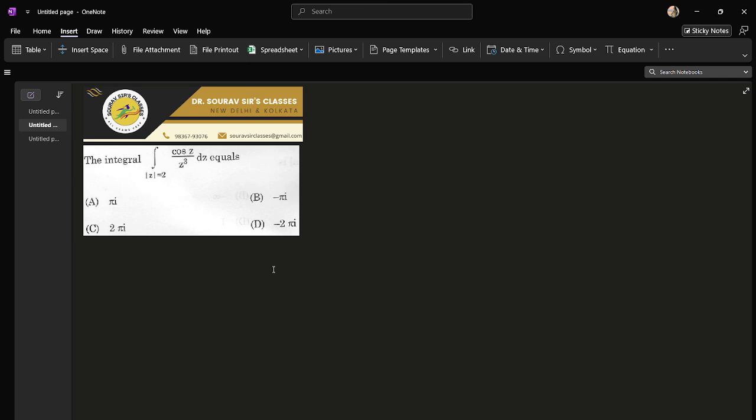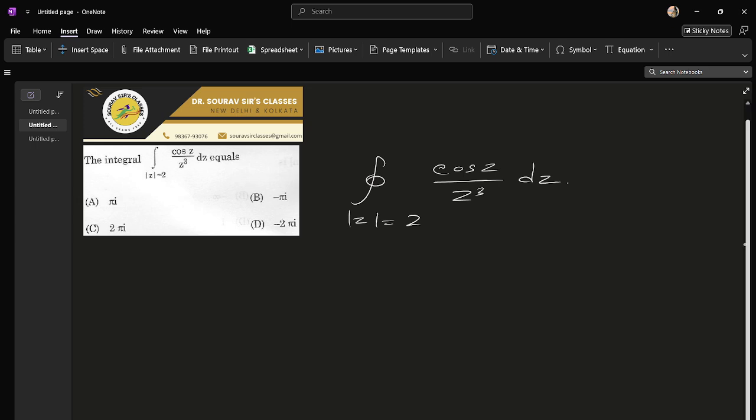There are four options: pi I, minus pi I, 2 pi I and minus 2 pi I. So now we need to evaluate the contour integral of cos z by z cube dz, where our contour is mod z equals 2, a positively oriented circle centered at origin.